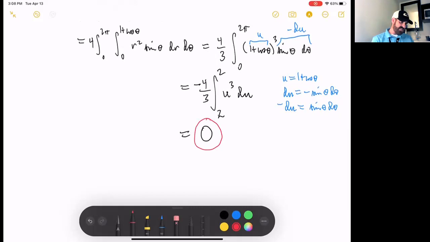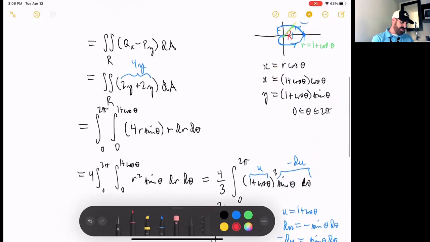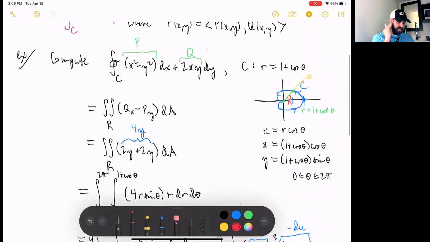So the answer ends up being 0, which makes me wonder, if we went back to the beginning, is this actually a conservative vector field? Well, no, it's not. If it were a conservative vector field, this thing right here, q of x minus p of y, which is like the third coordinate of the curl of this vector, would have been 0.